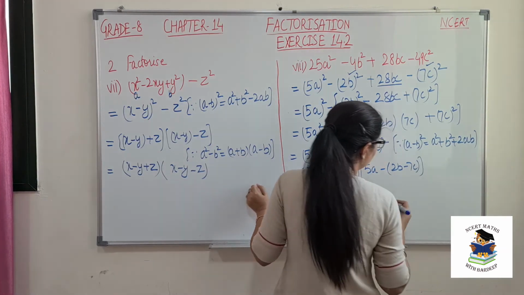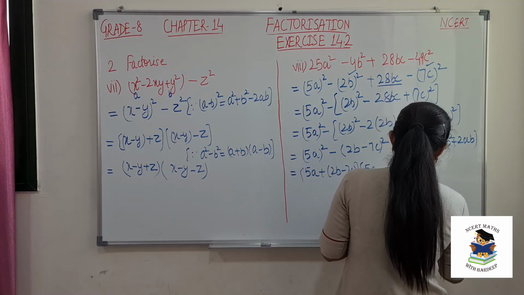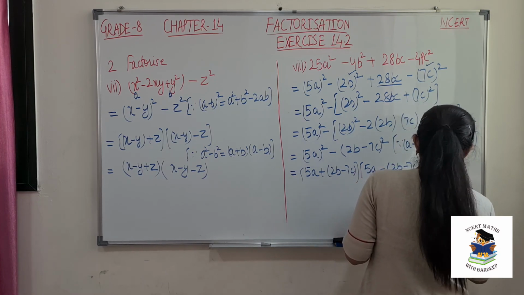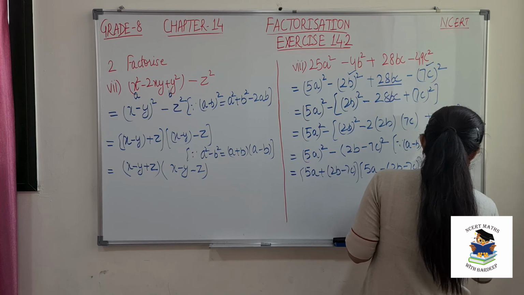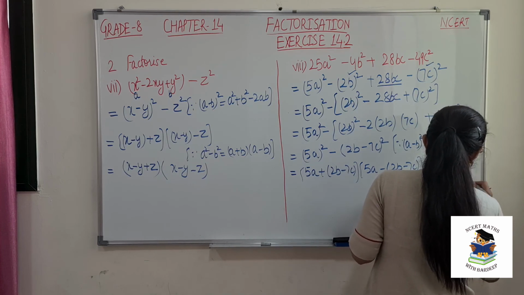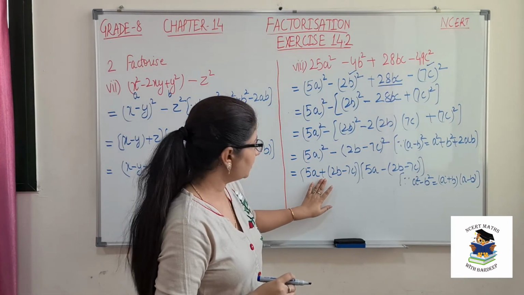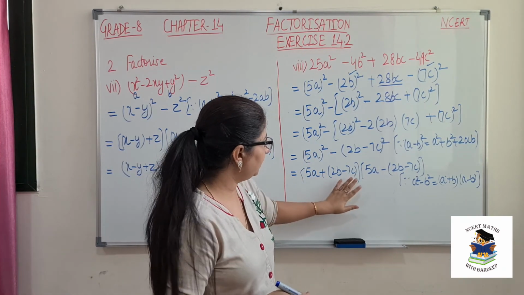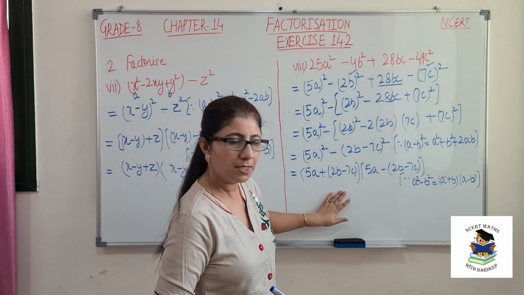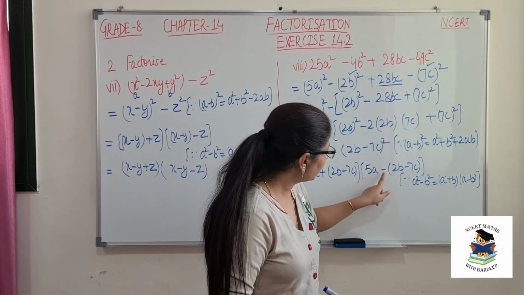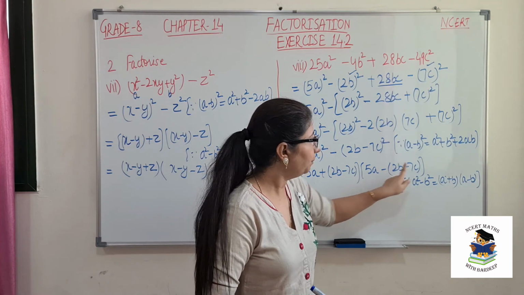So now the purpose will be clear why I am saying to put brackets, because if we don't put them, then our answer will be wrong. See, now this is a plus sign, so we don't find any change, so it will be 2b minus 7c. But if we don't put the bracket here, the actual answer should be minus 2b plus 7c.